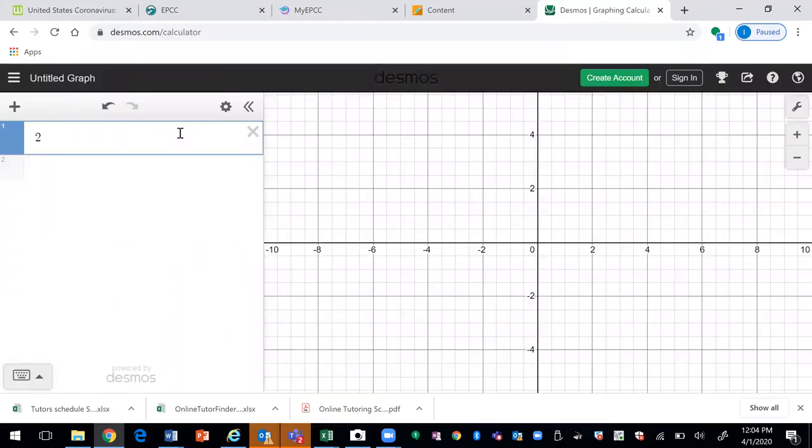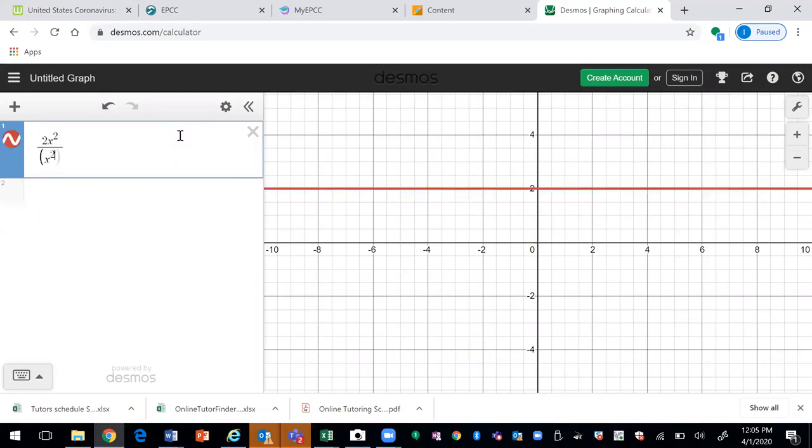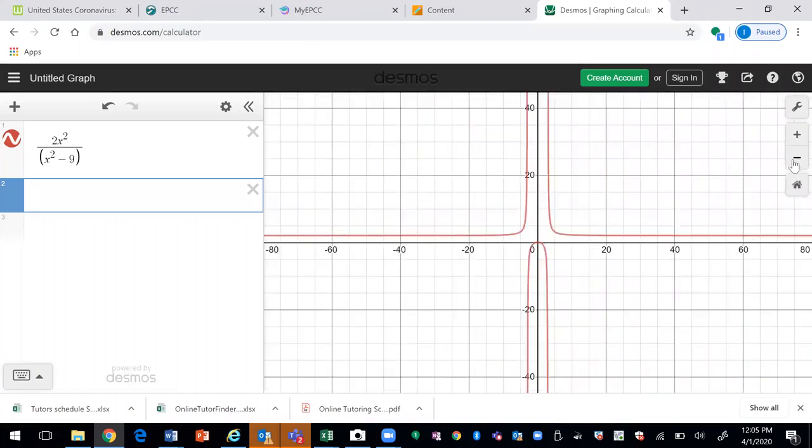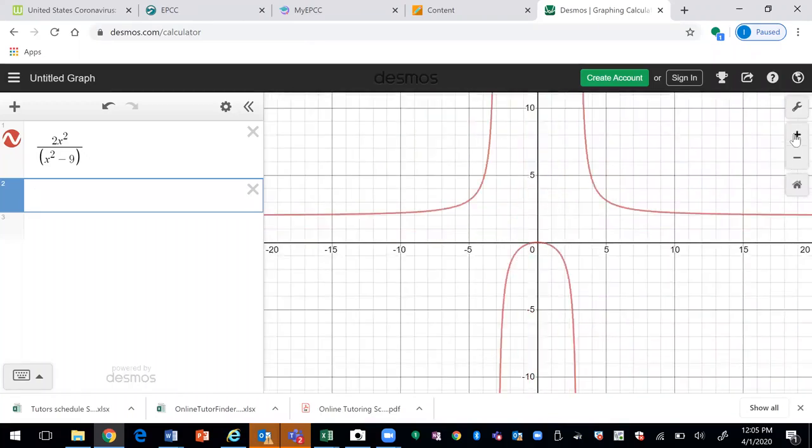This was 2x squared divided by x squared minus 9. And so as you can see, it has the graph, but the only thing that is missing are the asymptotes. So you will not be able to see the asymptotes, but at least it gives you an idea.